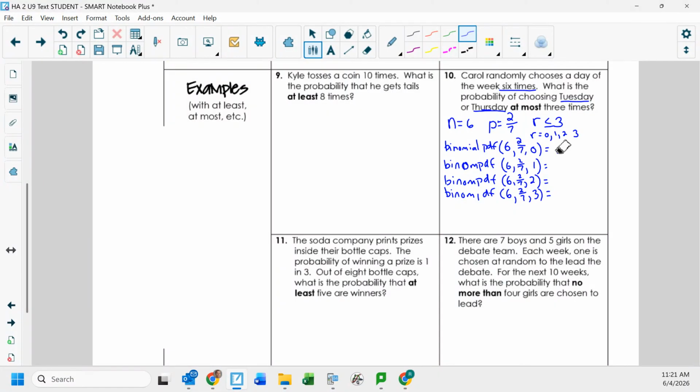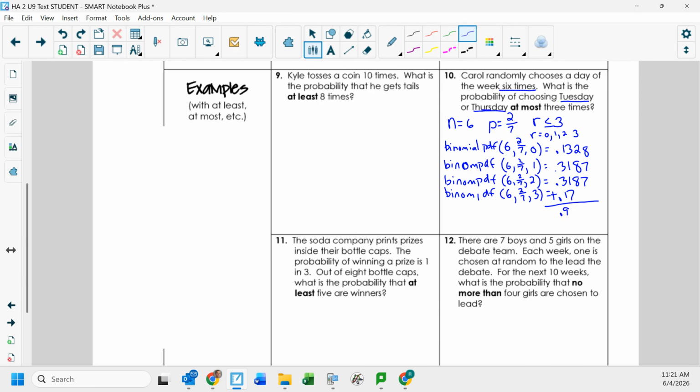So I'm going to go ahead and write all those answers over here. 0 was 0.1328. 1 was 0.3187, 2 was 0.3187, and 3 was 0.17. And again, all these together added up would accumulate to get our total probability where we're getting at most 3 of those days that we choose, at most 3 days that we're choosing a Tuesday or a Thursday.